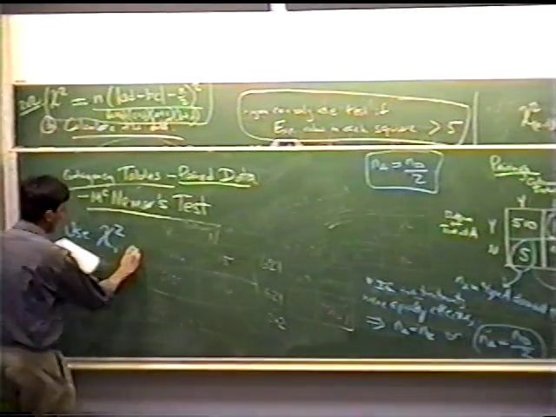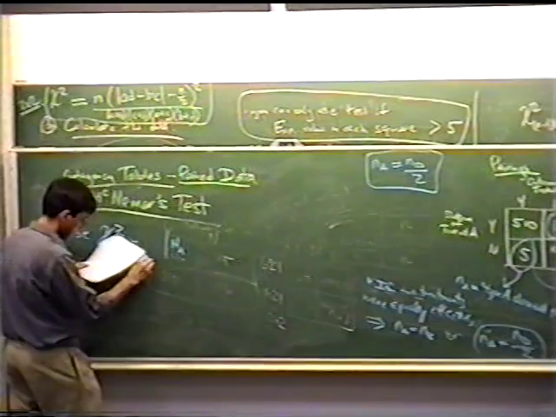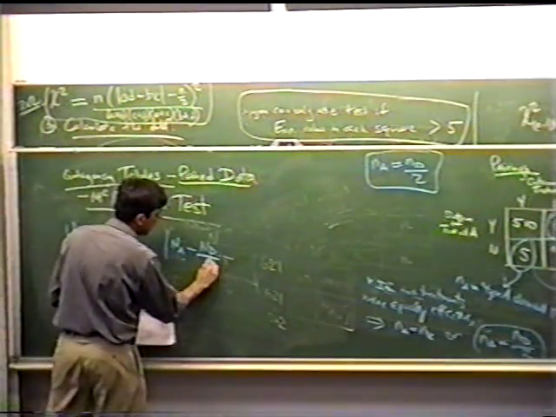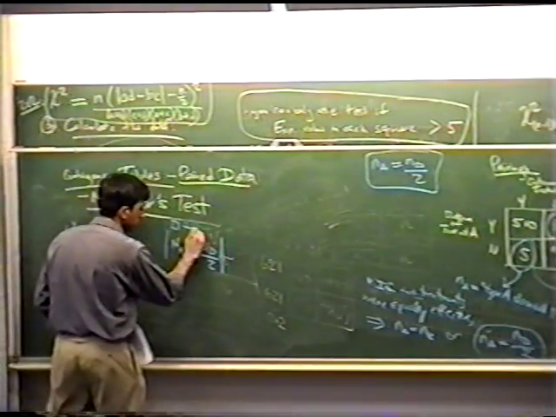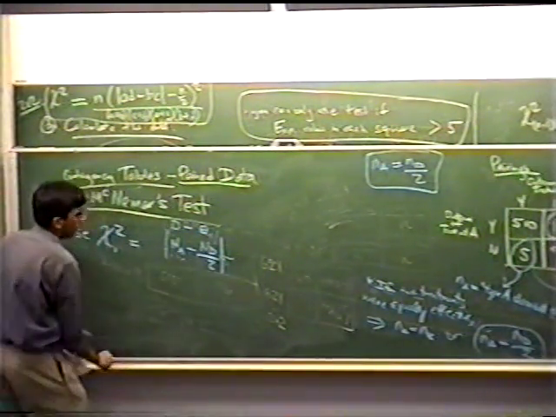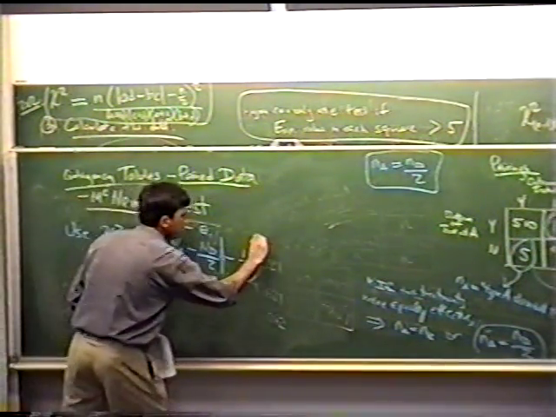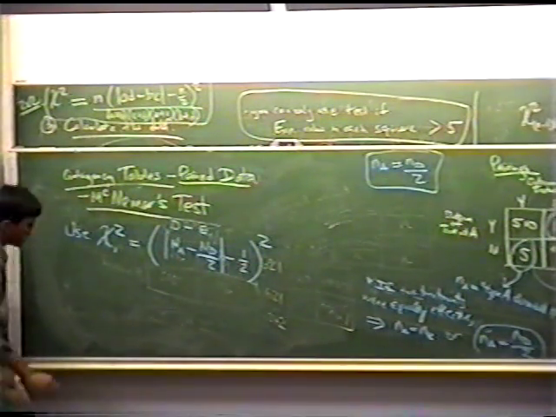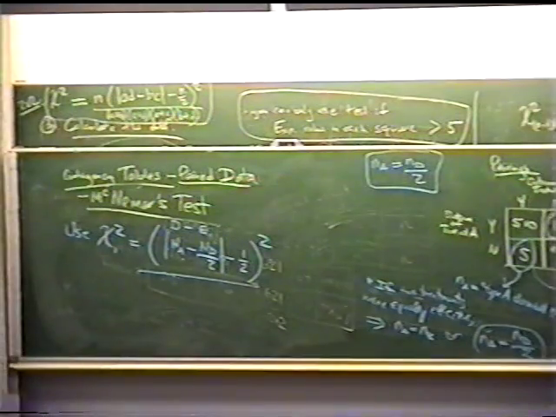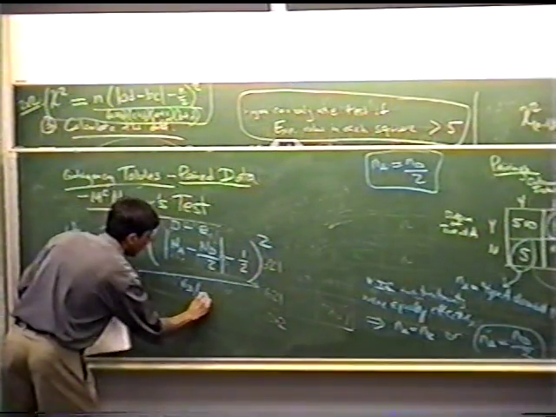And what it's equal to is this difference, n sub A minus n sub d over 2. This is observed minus expected, right? Minus a half for the continuity correction, squared, all over n sub d over 4.